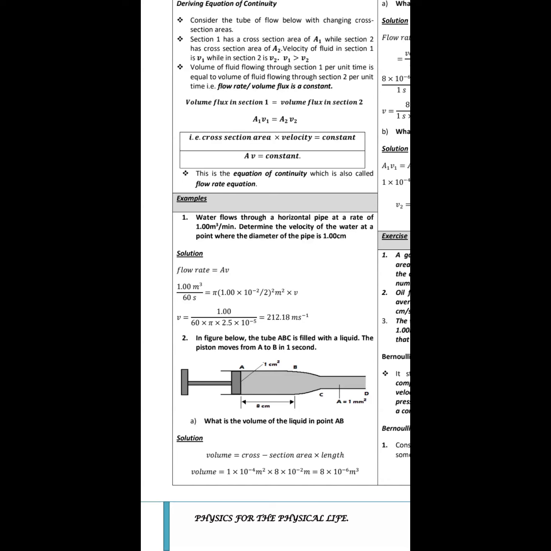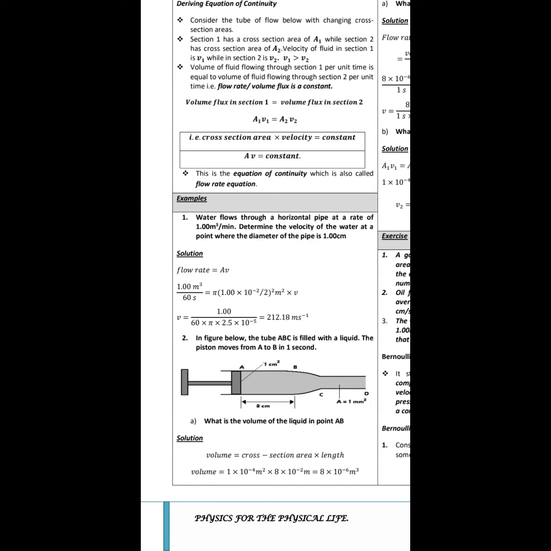And you know the SI unit of flow rate must be per unit time, per second. Where do we get this per second? So we have the volume to be 8 multiplied by 10 raised to power negative 6 in the numerator over the time given in the question. We were given from the question that the piston moves from A to B in 1 second.